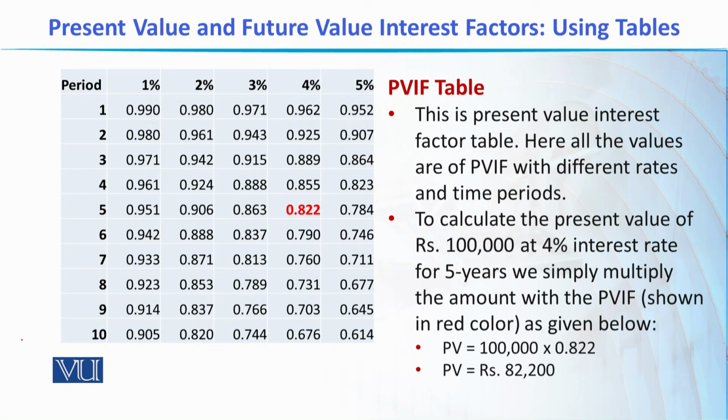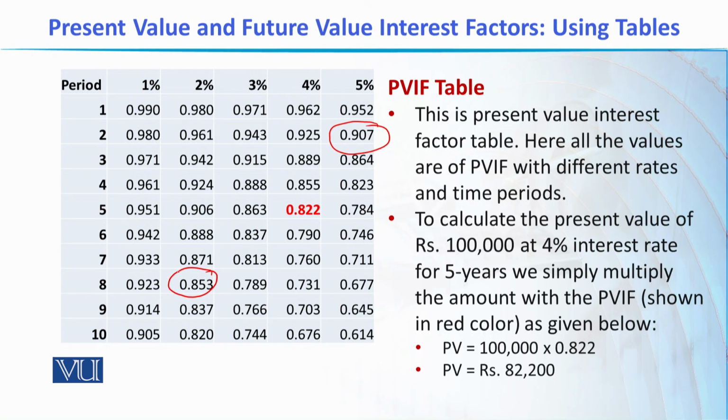For example, if I have a future value which is 2 years from now, and I want to discount it at the rate of 5%, then this is the value that I will be considering. And if I've got a future amount, let's say 8 years from now, and I want to discount it for 2% rate of interest, this is the value that I will actually take.